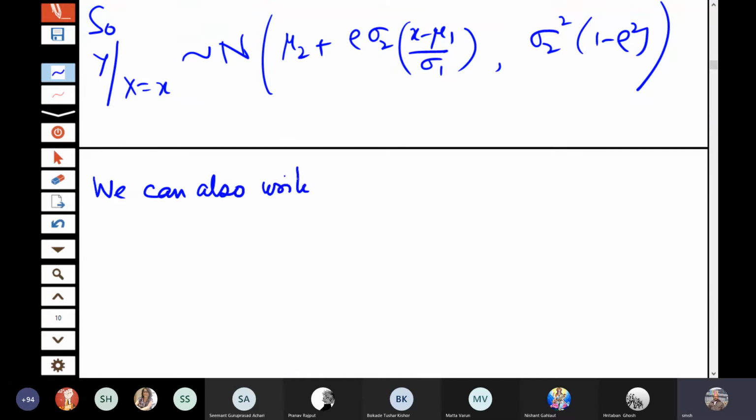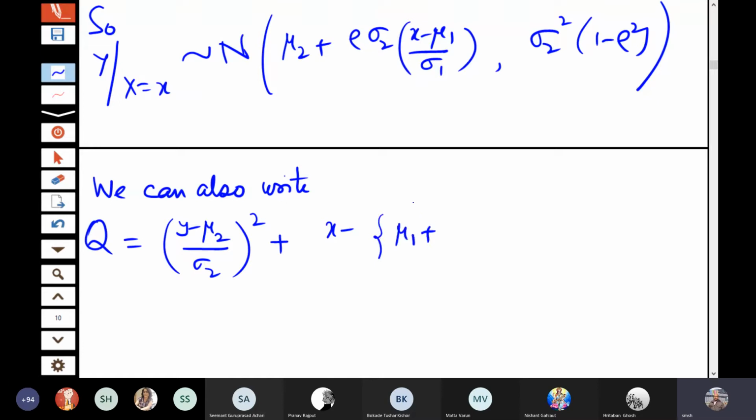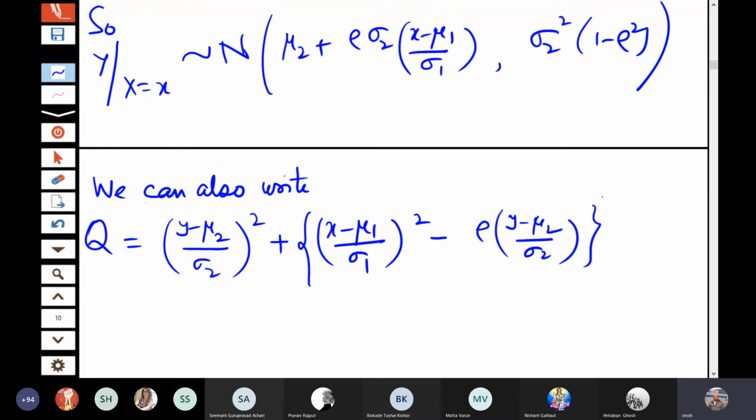We can also write q as y minus mu 2 by sigma 2 square plus x minus mu 1 by sigma 1 square minus rho y minus mu 2 by sigma 2 whole square.